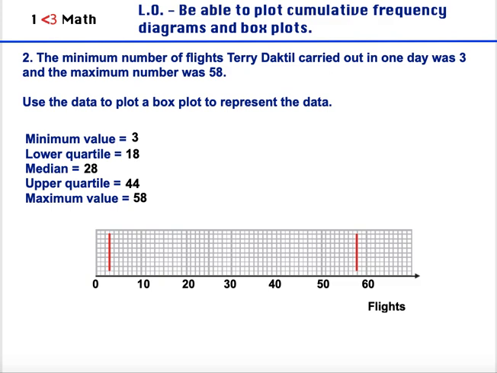And we keep doing the same thing for the lower quartile, the median, and the upper quartile. So we have these lines. Now, the middle 3 lines, the lower quartile, the median, and the upper quartile, are then made into a box. And this is why it's called a box and whisker diagram sometimes, because you've got your 2 whiskers coming out to represent the minimum value and the maximum value.